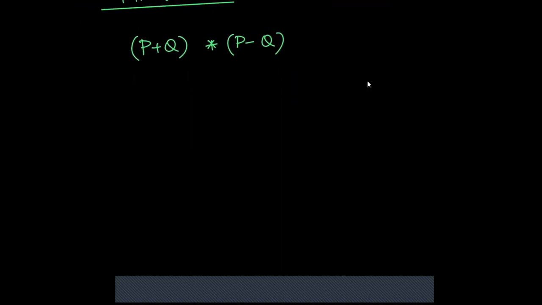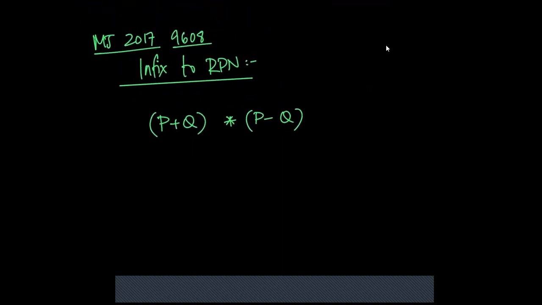So you want to convert this from the infix form to the RPN form, the reverse Polish notation form. Before we convert this, let's learn some rules for infix to RPN.